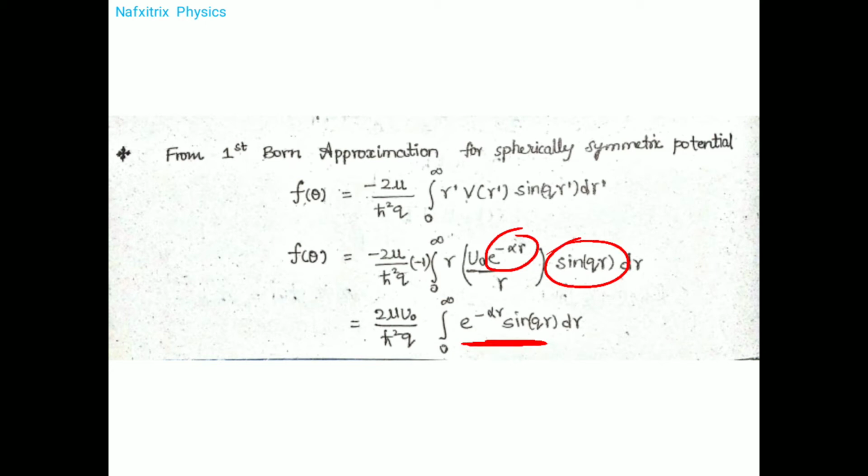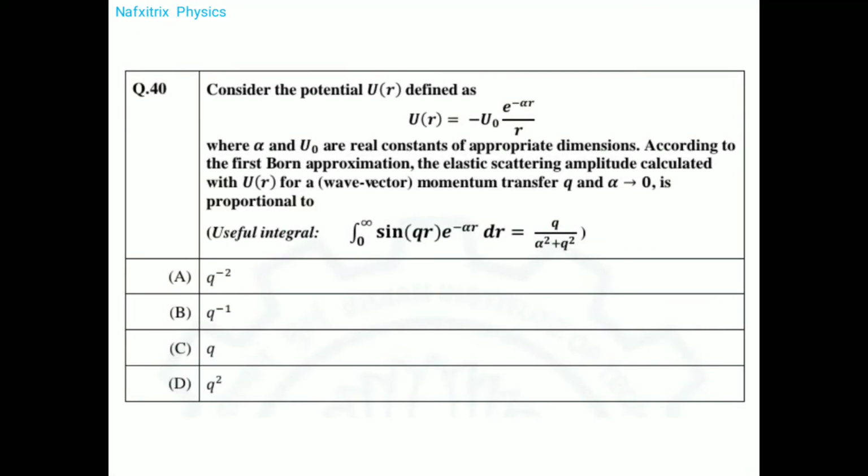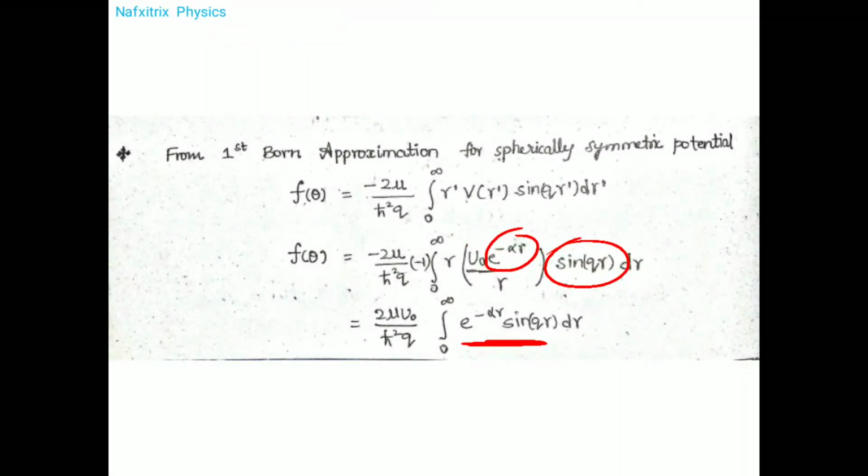Now we need to solve this integral, but it was given as a hint: the integral of sine of qr e power minus alpha r dr equals q by alpha square plus q square. So this integral they have already given.